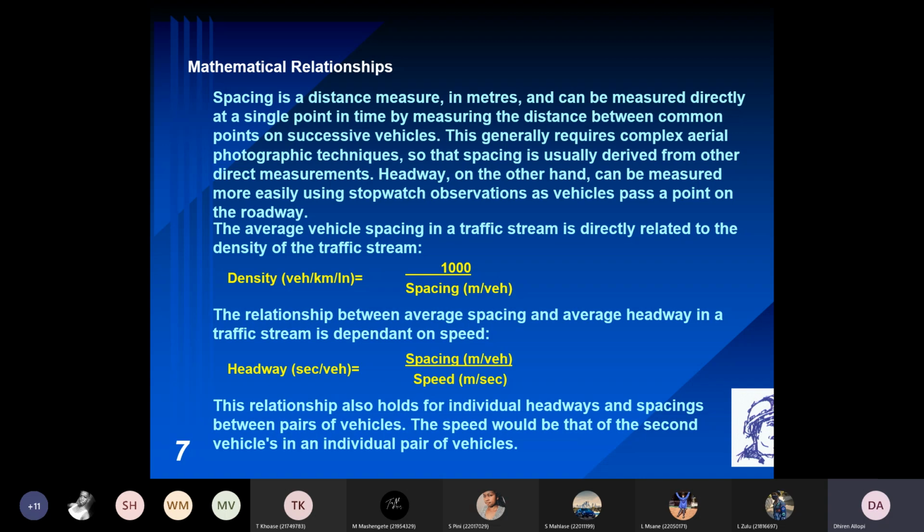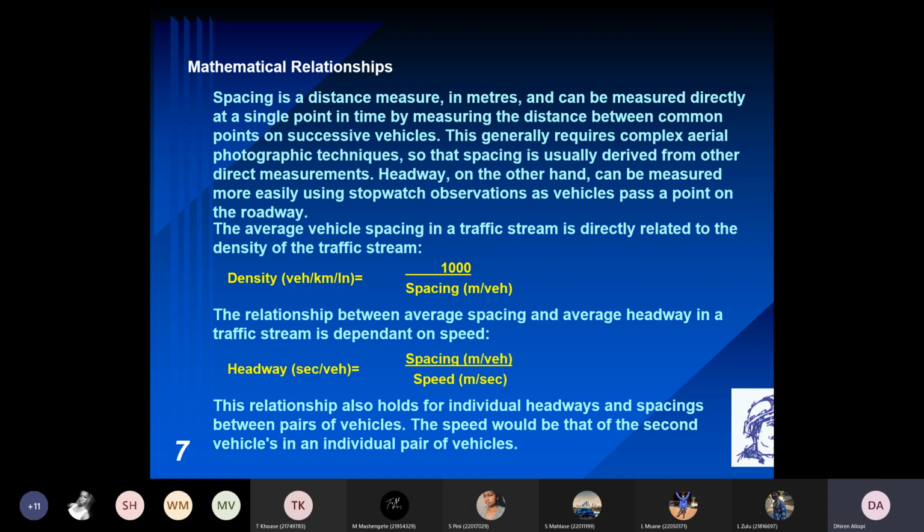If you look at your speed in meters per second and invert it, your meters will cancel out and the seconds will go on top, and your units will then be seconds per vehicle, which is your headway.